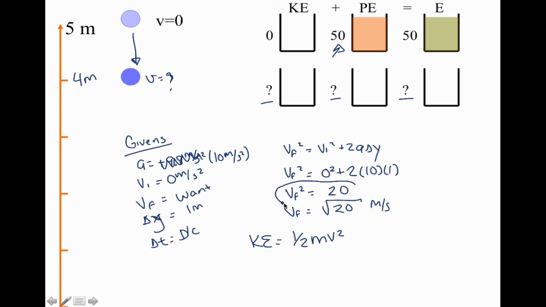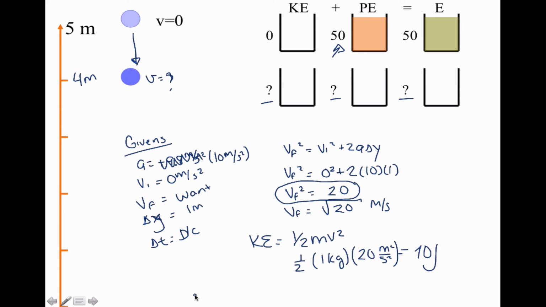Well, we already have v squared right there, so that's great. So it's 1/2, mass is 1 kilogram, and v squared is 20 meters per second squared, because that's already squared. So then, kinetic energy is 10 joules.